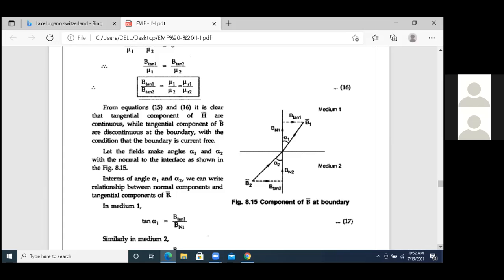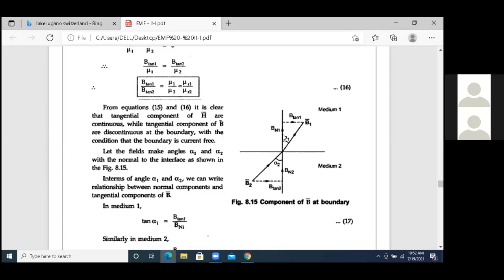Okay. So look at some angles. Let the fields make angles alpha 1 and alpha 2 at the boundary. So we can write tan of alpha 1. Look at it now. This is your B field.